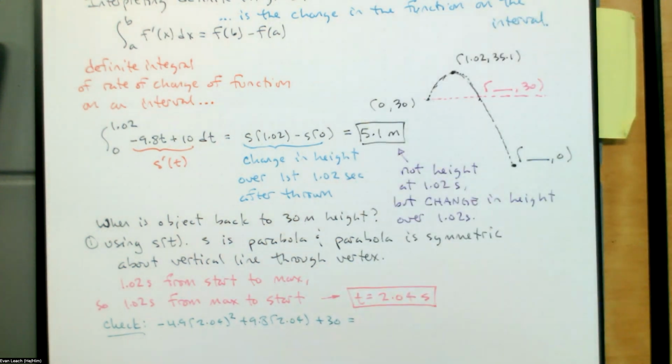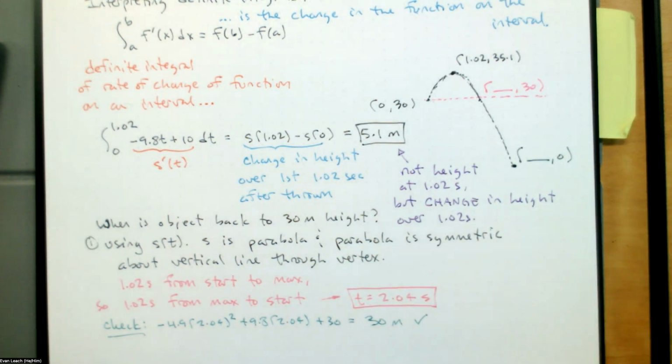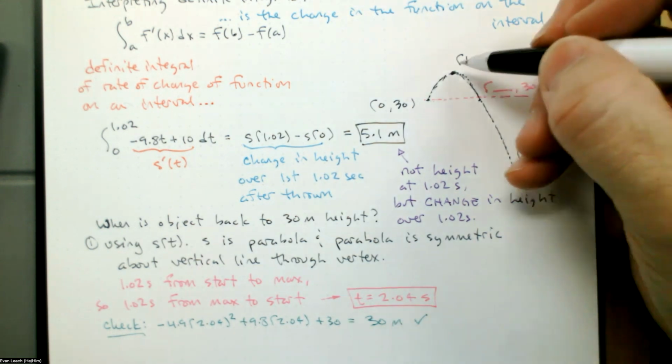So that's 30. So it checks out. We use the symmetry. We took what we knew about parabolas. We know they're symmetric about a vertical line through the vertex. So when the y-coordinates are the same, we are evenly spaced about the axis of symmetry.